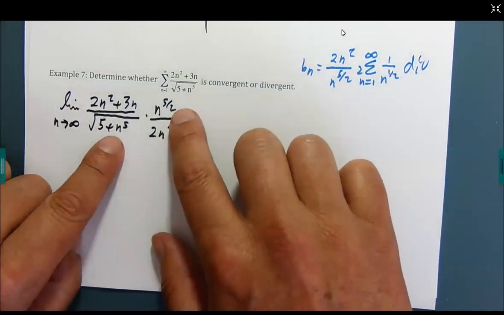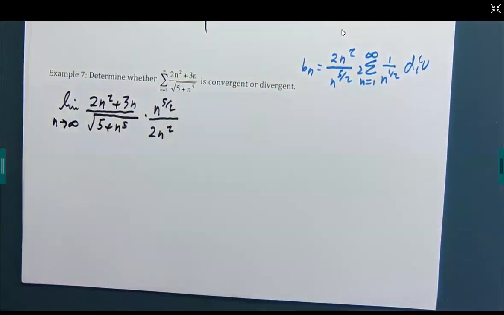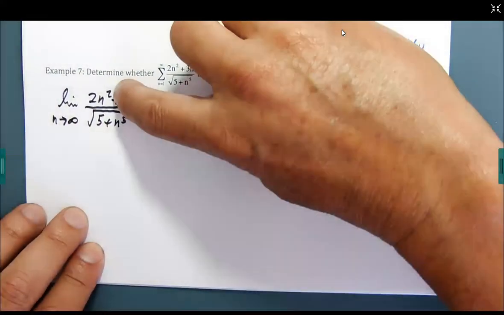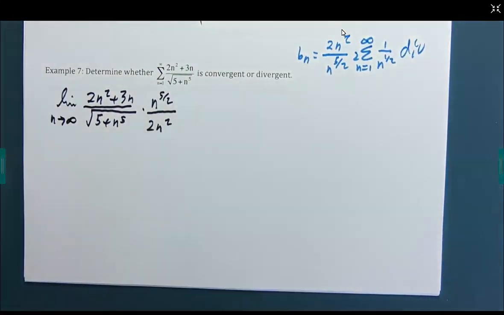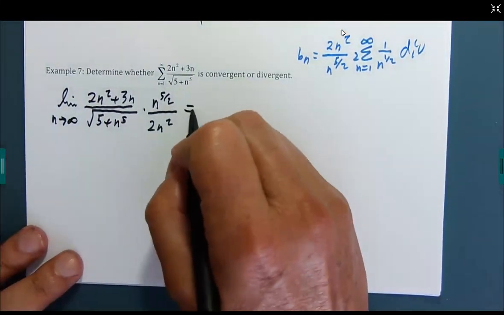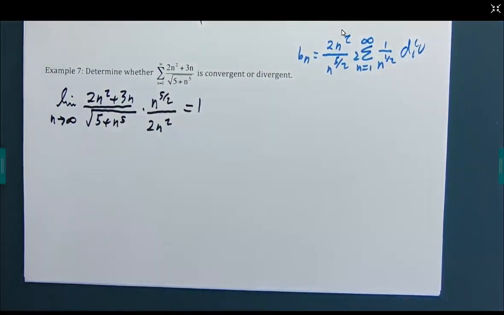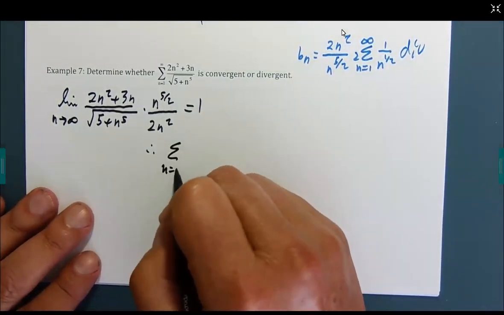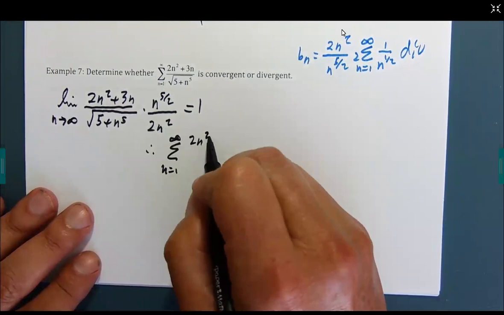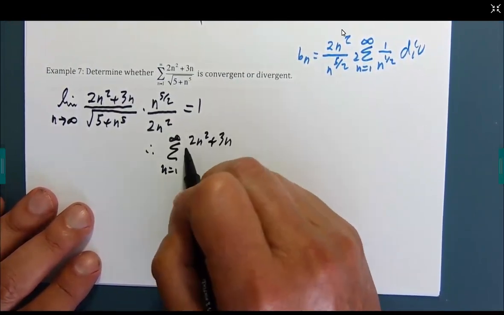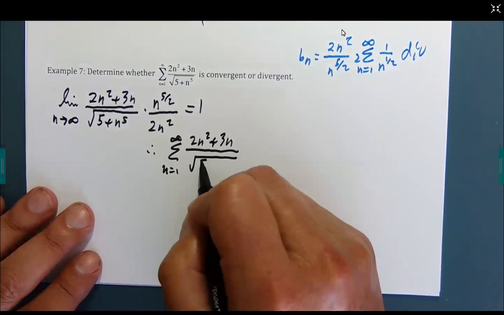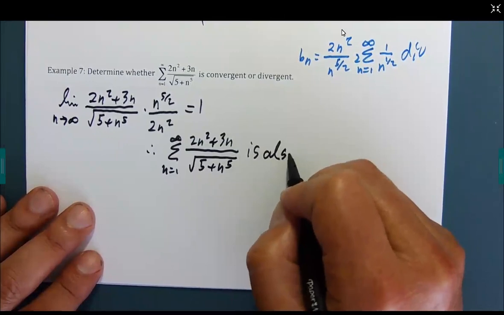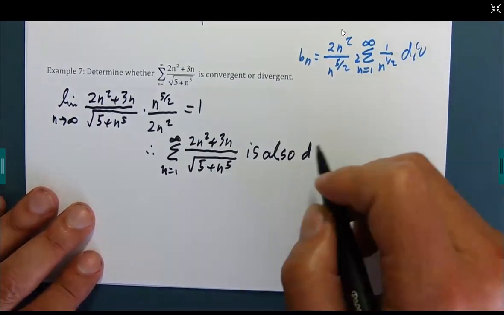You can see that those are the same, and that plus 5 becomes irrelevant when n is 50 trillion, right? We're going up to infinity here. And you can see that plus 3n becomes irrelevant there. So all of our lead coefficients are the same. This limit exactly goes to 1. Therefore, the summation n equals 1 to infinity of the original series is also divergent, right? What I compared it to.